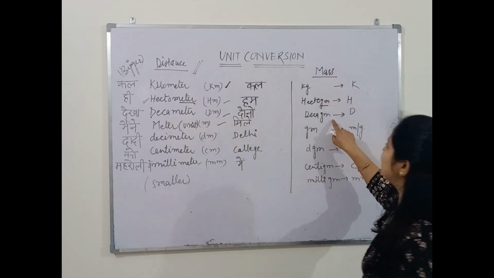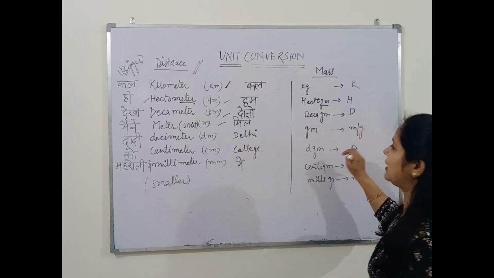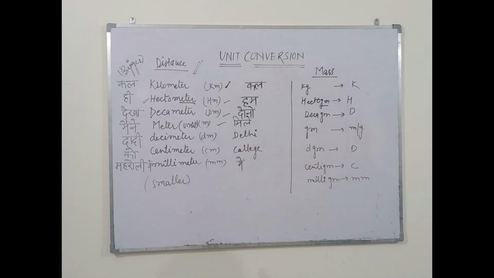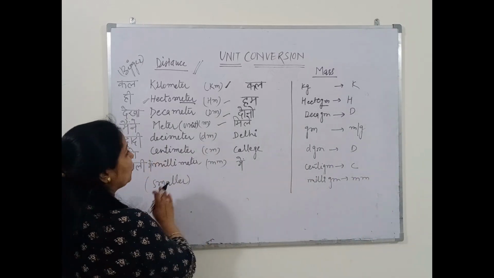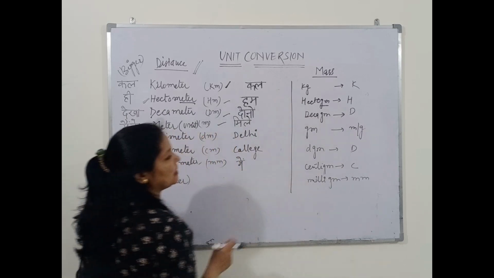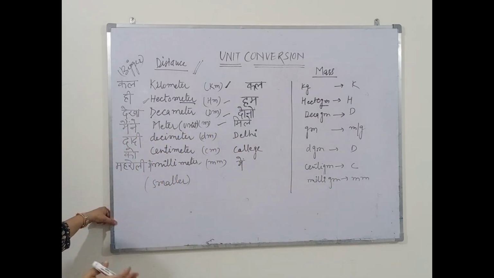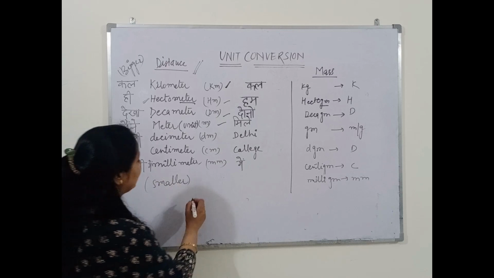Then decameter, decagram. Meter, gram. Centimeter, centigram. Millimeter, milligram. So the same steps will be followed by you if you want to change one mass unit into a different mass unit. See the example.